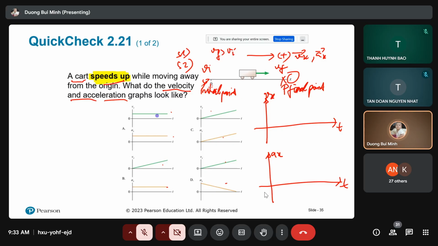Look at this one: Vi and Vf are similar, so skip it. So we can delete answer A. Now answer B: Vi is 0, and after some time Vx is positive, so that is correct. Now we have B, C, D correct. Look, this is linear.